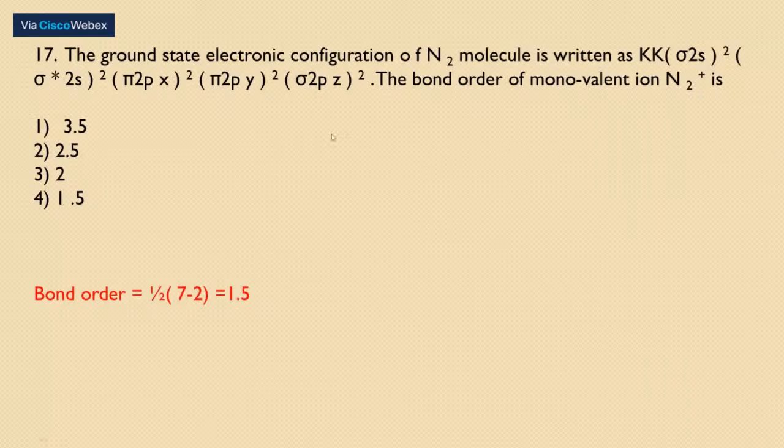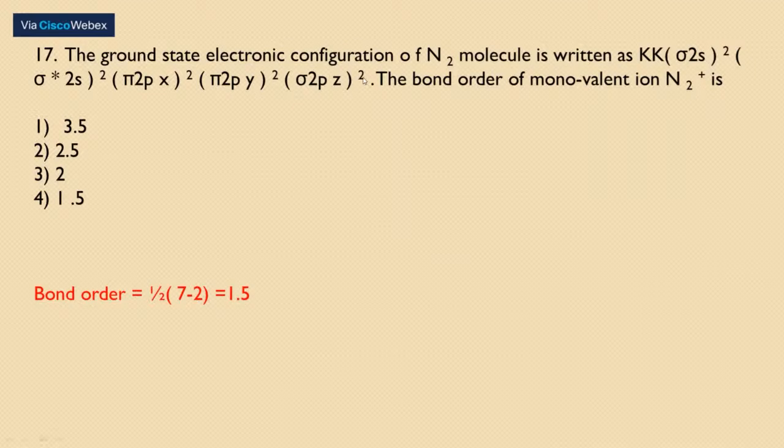Now let us see how many electrons are here. This is the sigma, which indicates the bonding molecular orbital, 2 electrons, and count this: 2 plus 2, 4, 4 plus 2, 6, and 6 plus 2, 8.